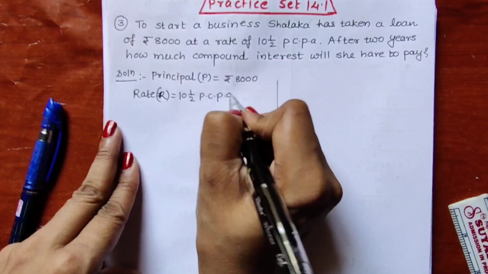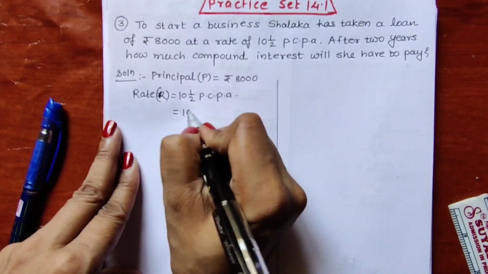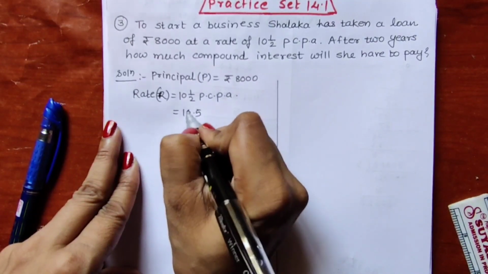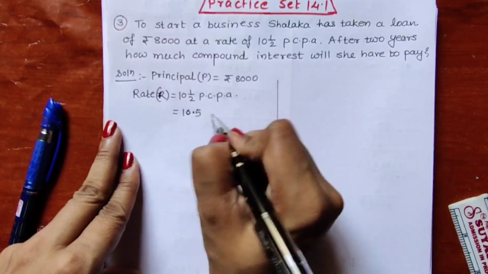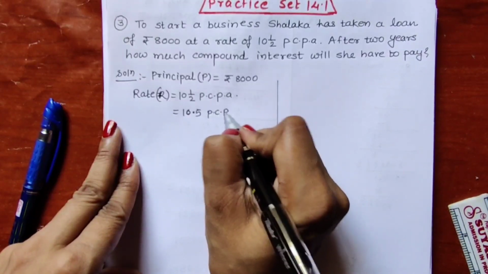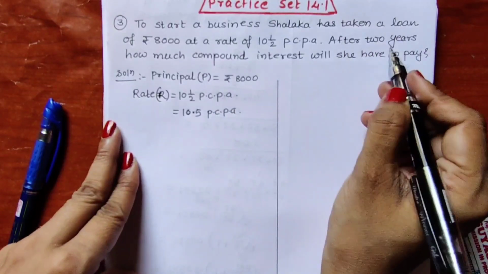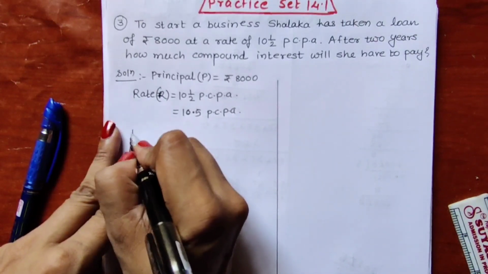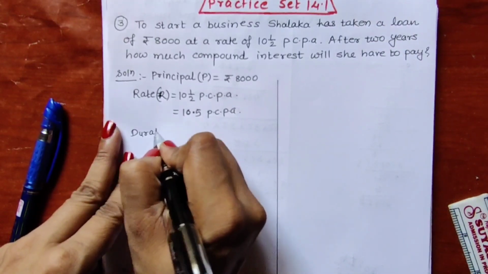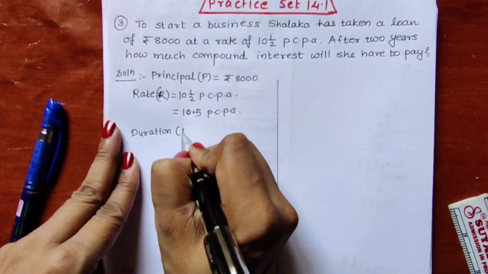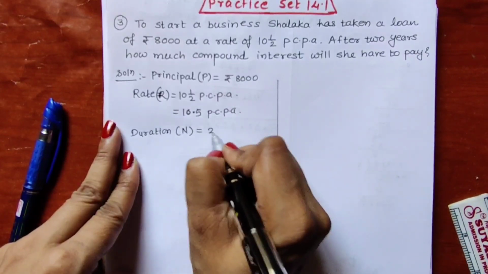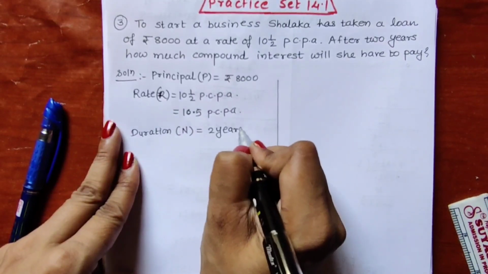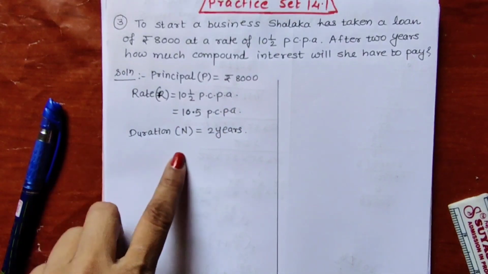See children, 10.5 means 10.5, we all know 10.5 percent per annum. And then after 2 years means the duration N is 2 years. So in this way, first we should write the values of P, R and N.